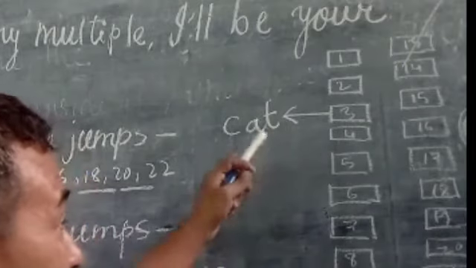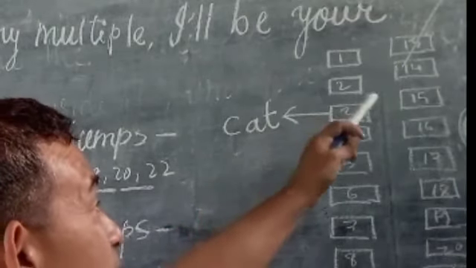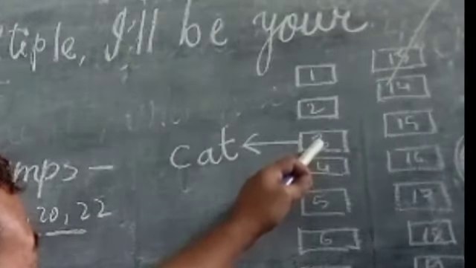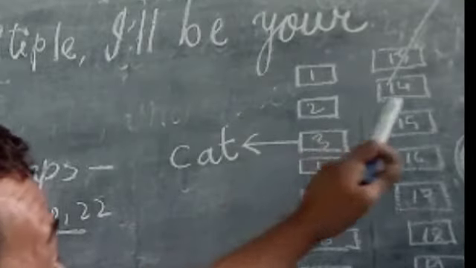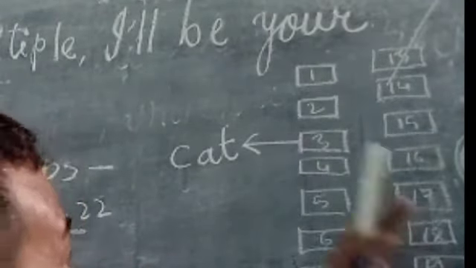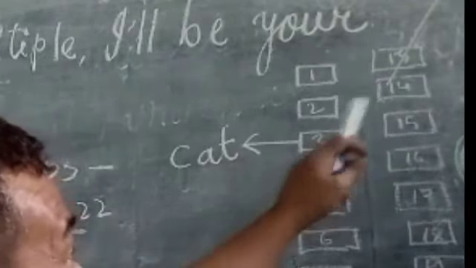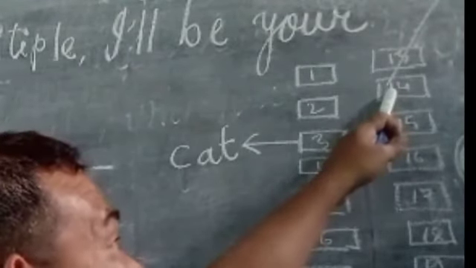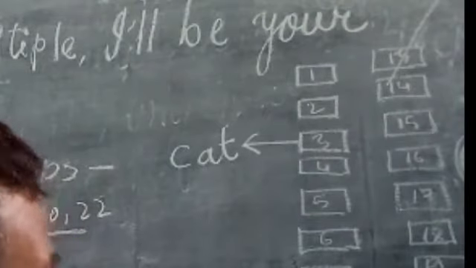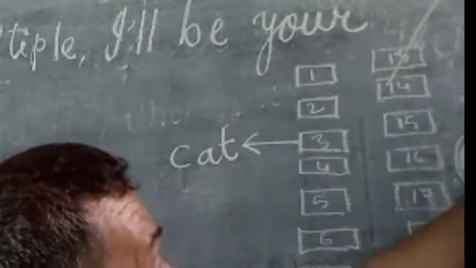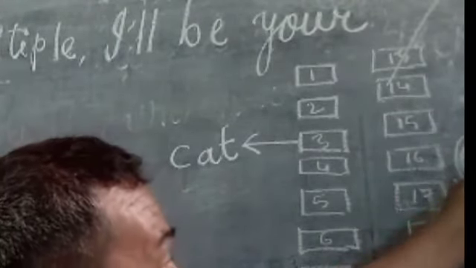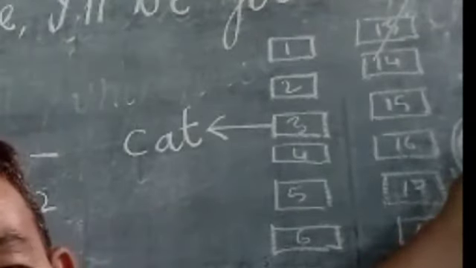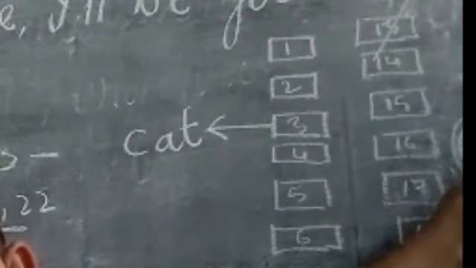Now, the cat is on the 3rd step at this moment, and the mouse is on the 14th step. Now, this step number 28, can you see this?